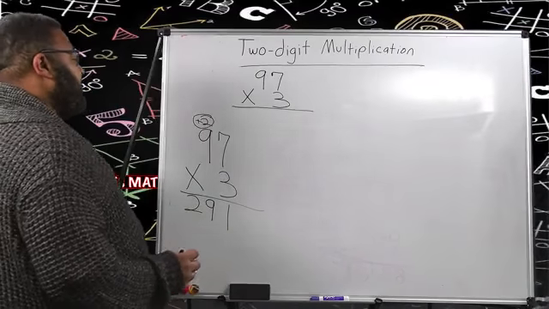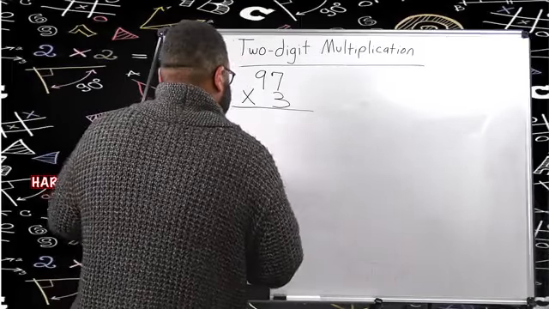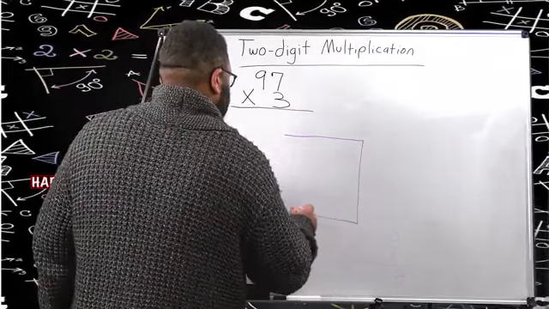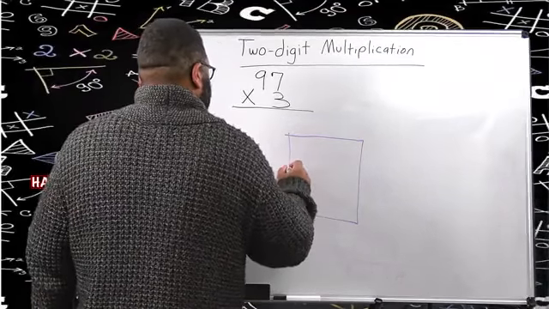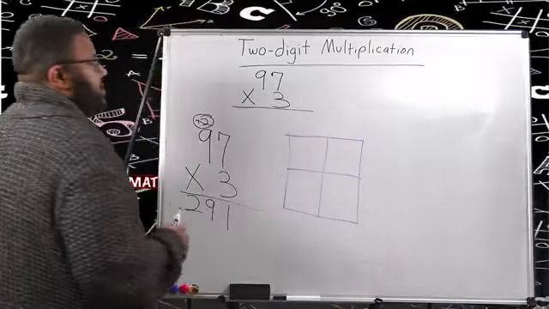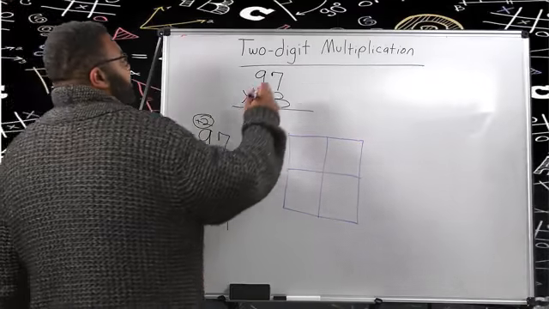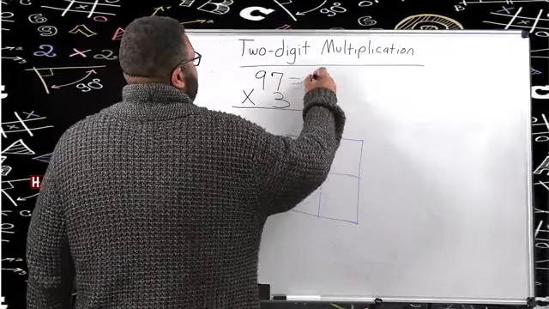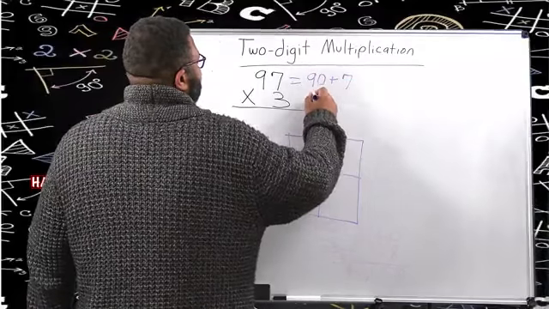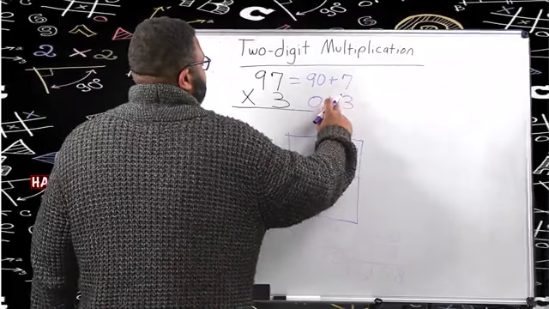Okay, I want to come back and let's do the Bojangles Big Box. I like starting out the Bojangles Big Box with a window. What I'm going to do here is 90 plus 7. And there's nothing in the tens place, so that's 0 plus 3.